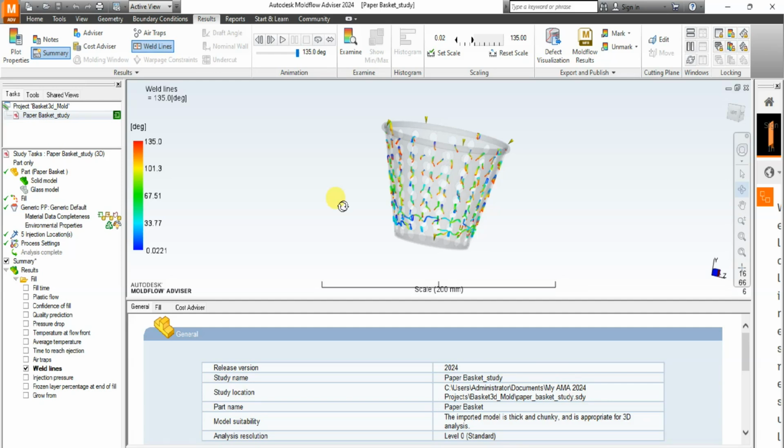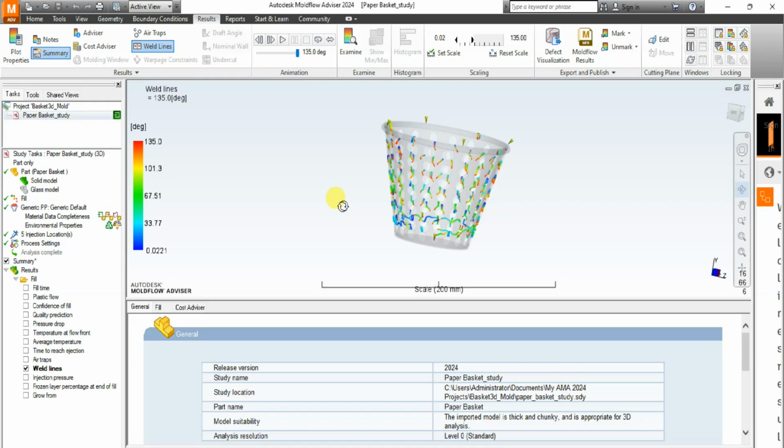Now, let's consider processing conditions for weld lines to determine whether the weld lines will be of high quality. Weld and meld lines should be avoided, particularly weld lines in areas that require strength or smooth appearance.